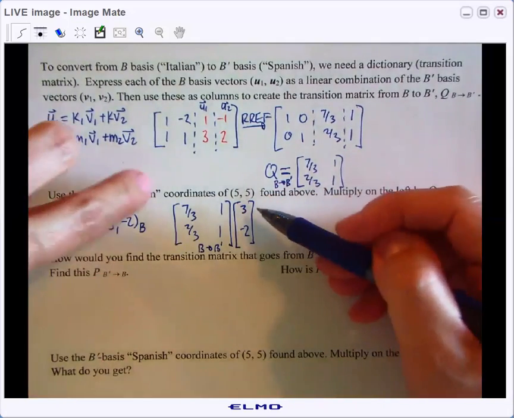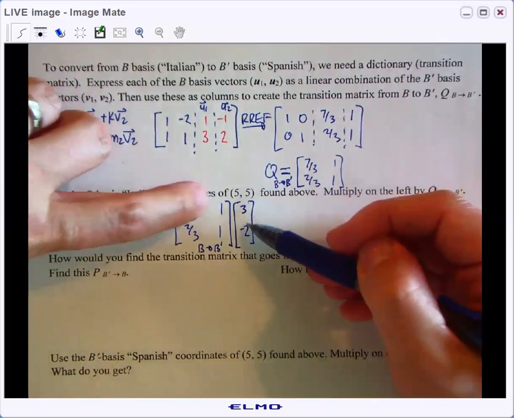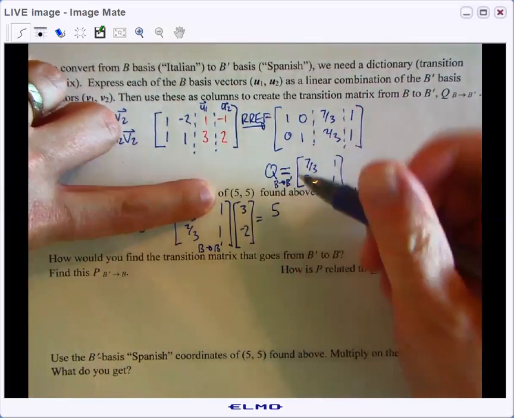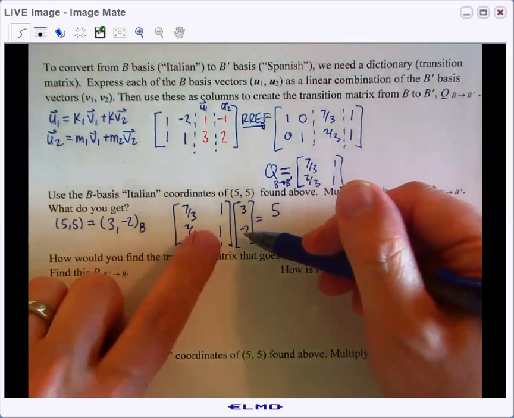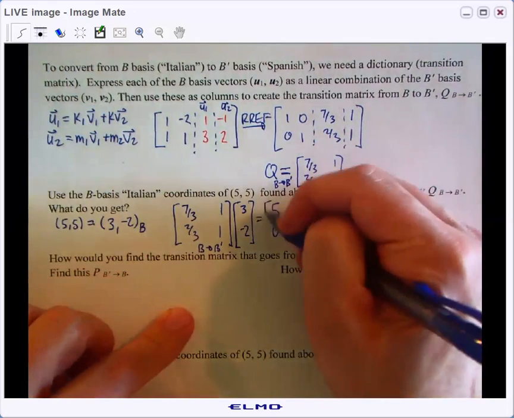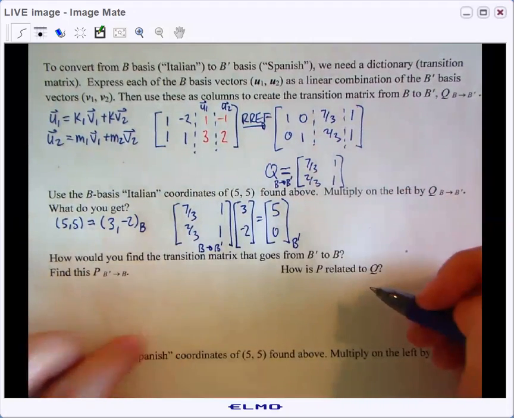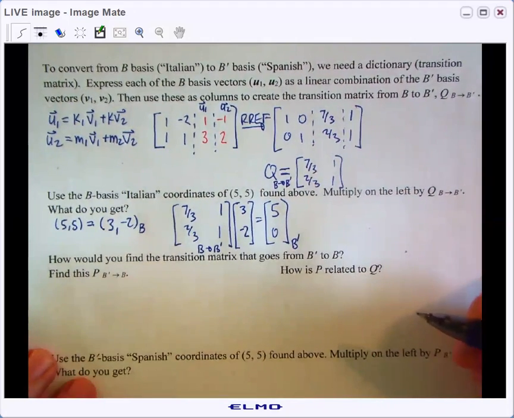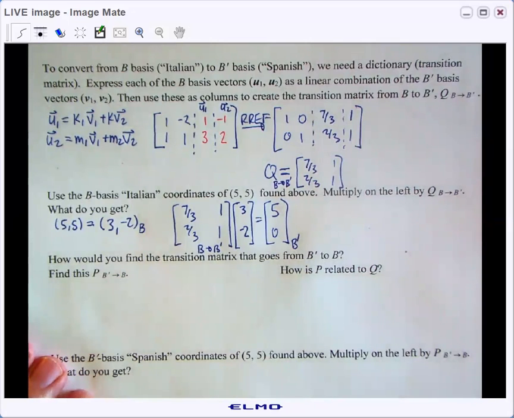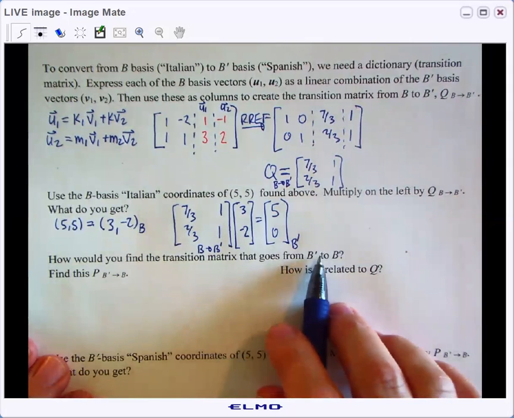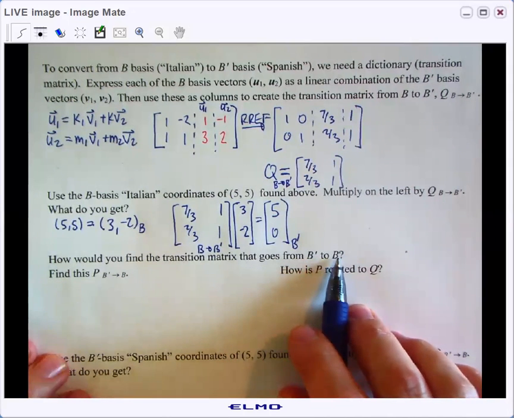And so if we multiply here, we'll get 7 plus -2, which is 5, and we'll get 2 plus -2, which is 0, which are the coordinates with respect to the B prime basis for that exact same location. That's pretty cool. And so how would we find the transition matrix that goes backwards from Spanish back to Italian?